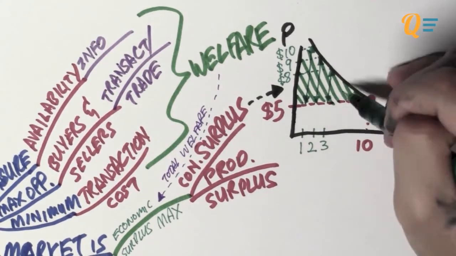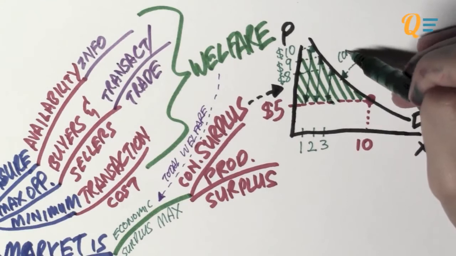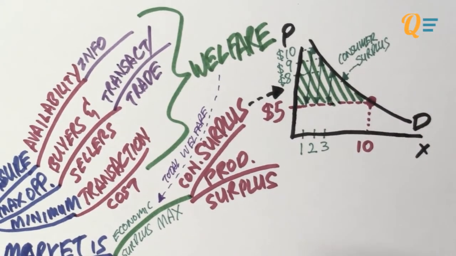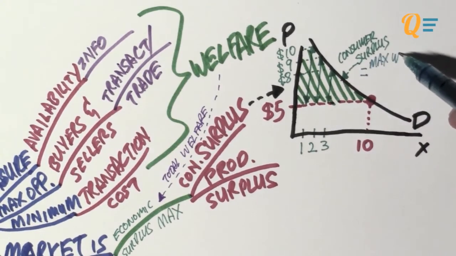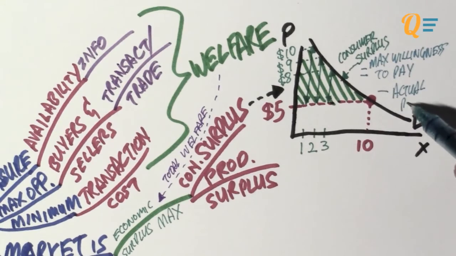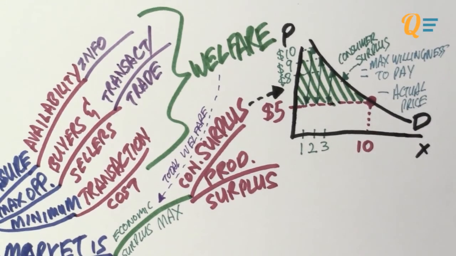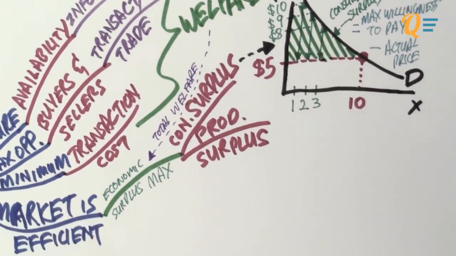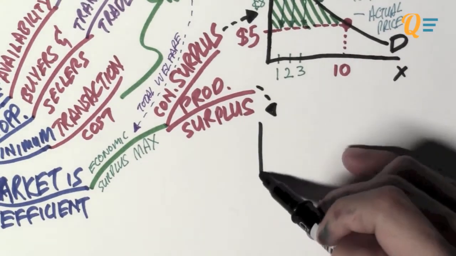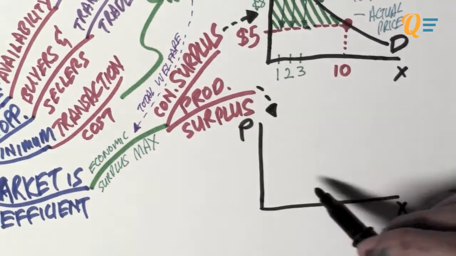Okay, and you're going to call this the consumer surplus. So this entire area here is the value of the consumer surplus that the consumers have extracted, right? So the consumer surplus is also referred to the maximum willingness to pay minus the actual price that the consumer pays. Another useful term to describe the maximum willingness to pay is also called the customer's valuation.